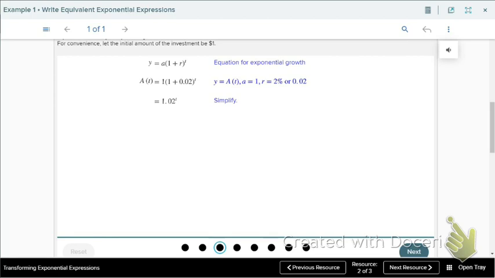So there's our equation, 1.02 raised to the t. Instead of compounding it once, we want to write a function equivalent to this that represents 12 compoundings per year, which is a power of 12t, instead of the 1t.